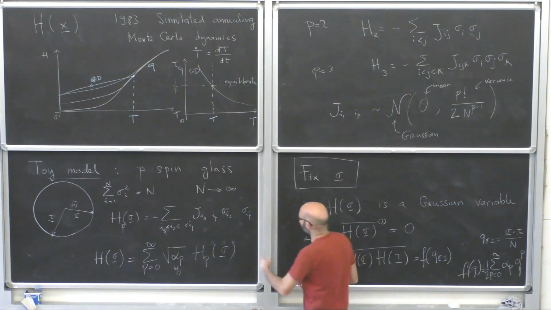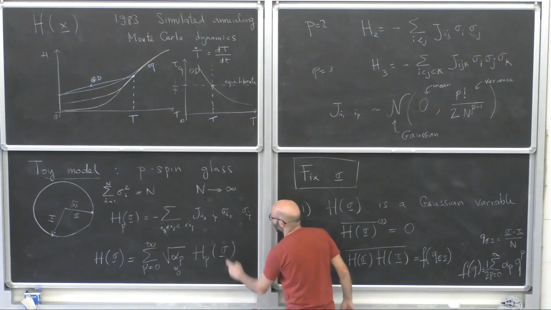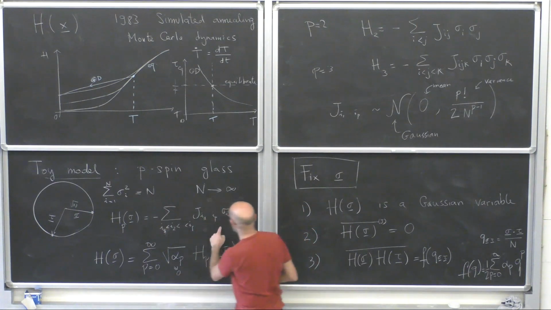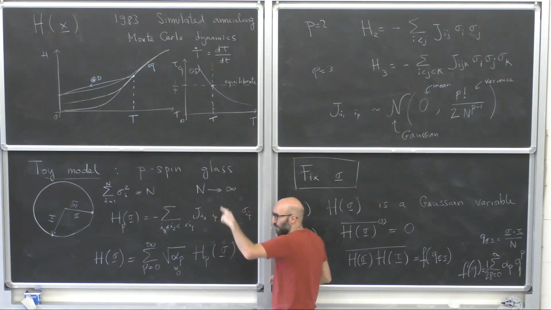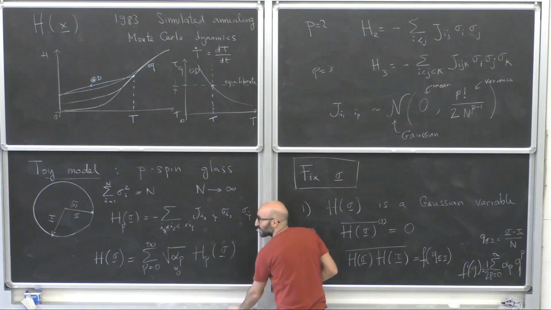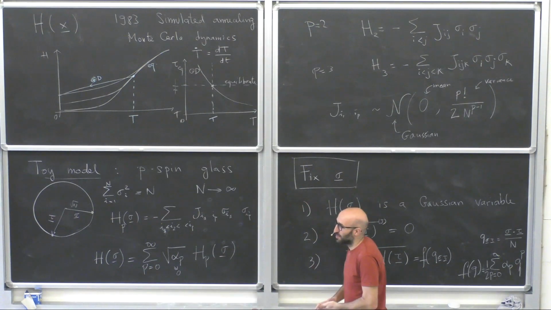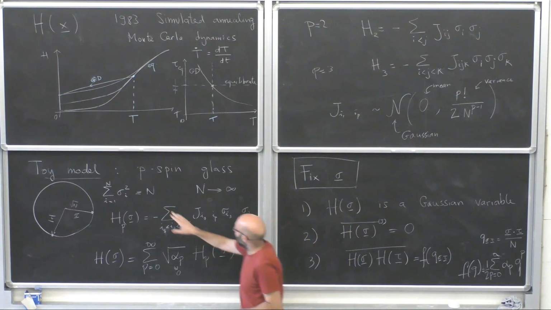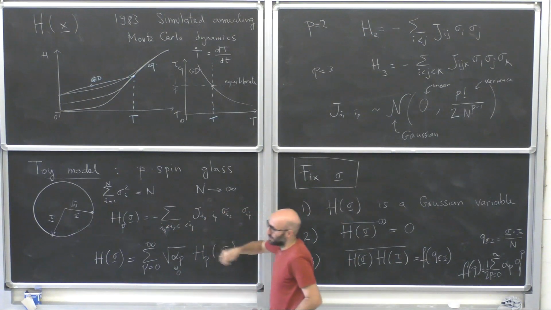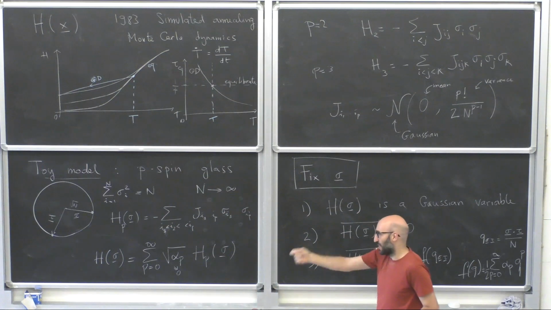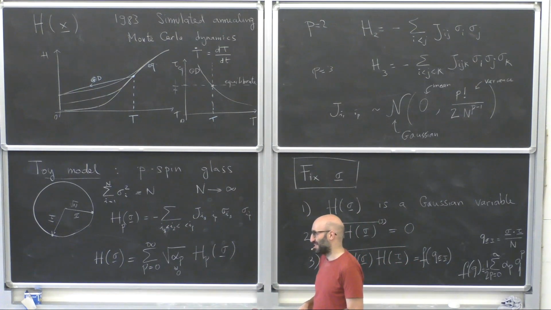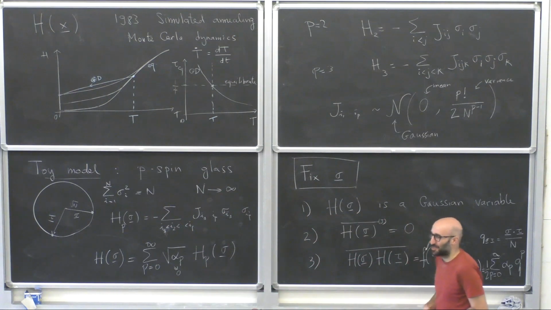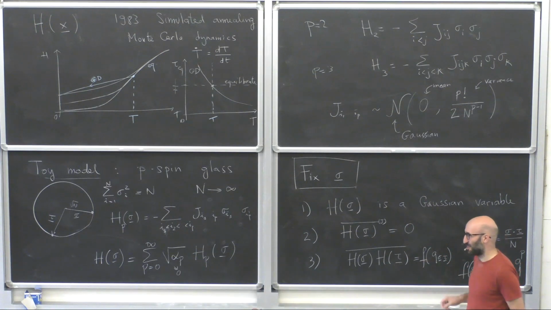Another way, which sometimes people do, is to put a double well potential on each spin. It's just a bit more complicated if you do that. This is really the easiest case because everything is Gaussian, plus this constraint that is going to be implemented automatically by a Lagrange multiplier, and that's it. That's the easiest model you can imagine.